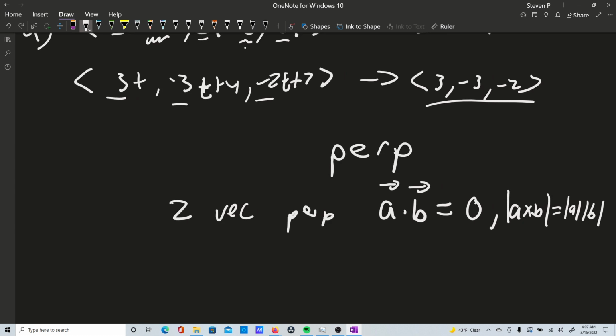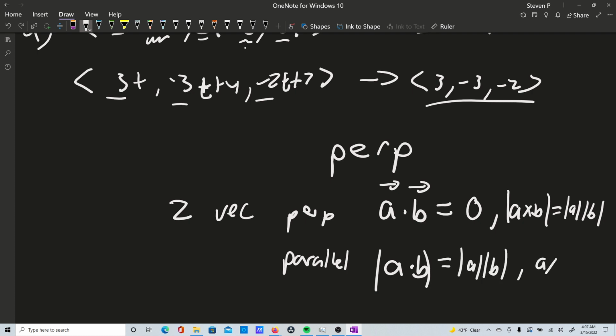And similarly, they're parallel when A dot B is maximal, whereas the cross product is 0.